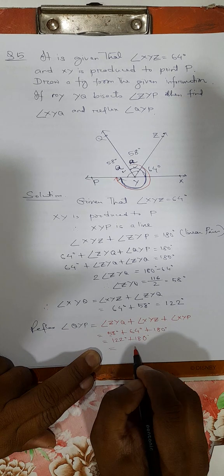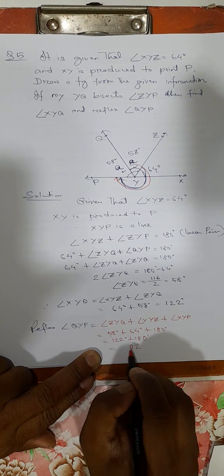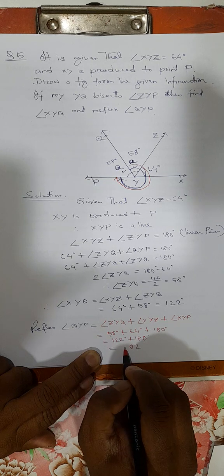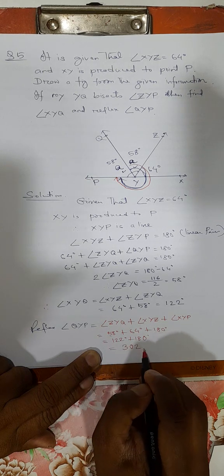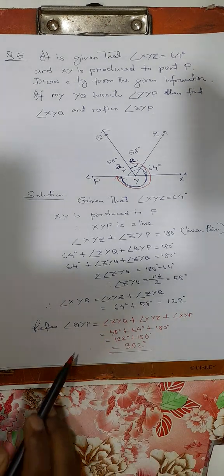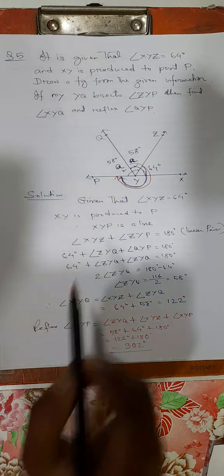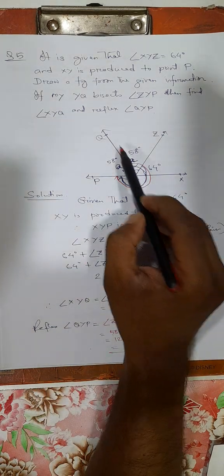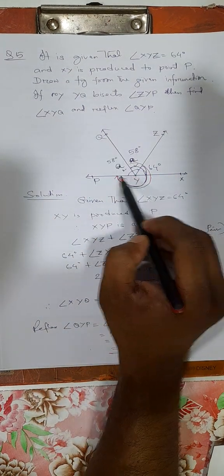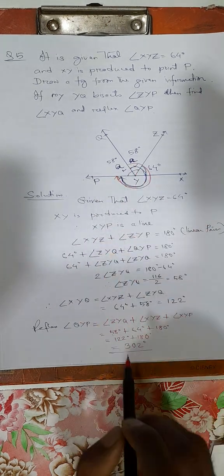So this total sum is 302 degrees. Right? So reflex angle QYP is 302 degrees.